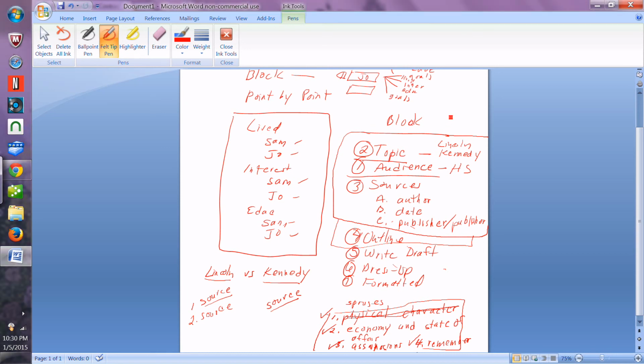And your outline, we're going to do block by block. And so you're going to pick, let's say you pick spouses, and you're going to put the information about the spouses down. And since you're dealing with two sources, I usually like to do letters for the sources.